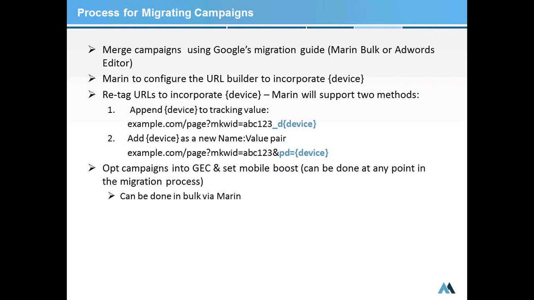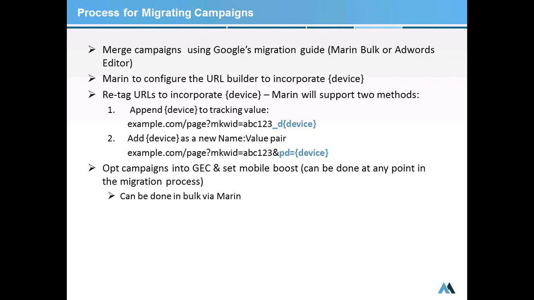Again, our team will help you do this, so this was just for information. Revenue attribution using this method will be rolled out tomorrow. So if you already have your URLs tagged this way and your URL builder settings updated this way, you can start tracking revenue by device after tomorrow's release, at some point during next week when this gets rolled out for you.